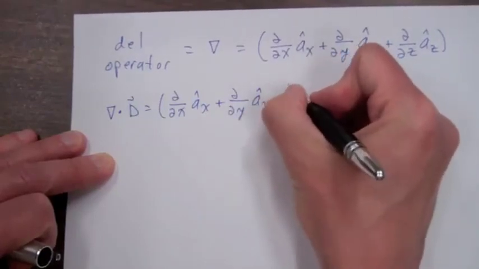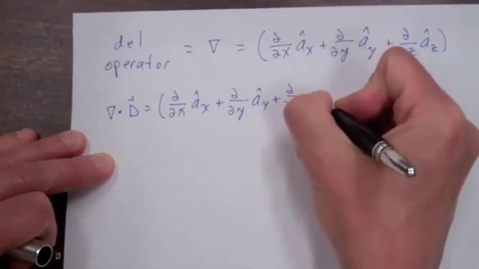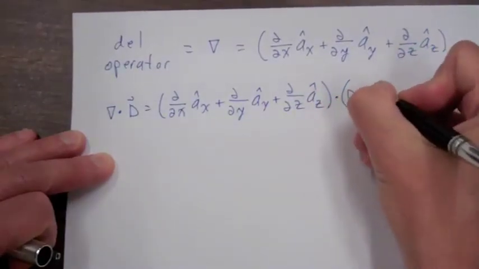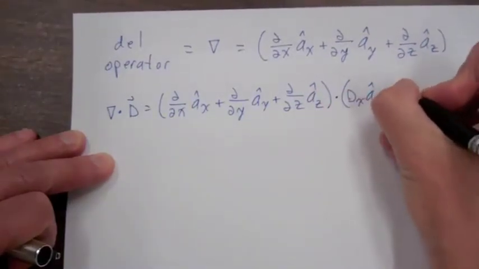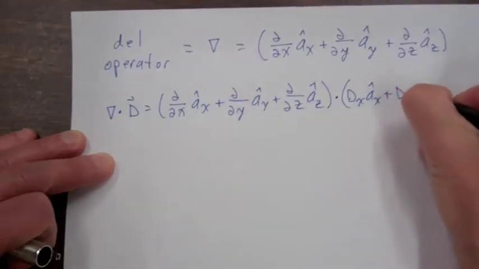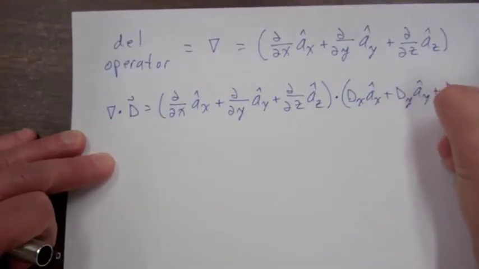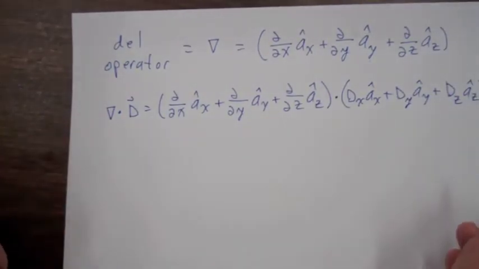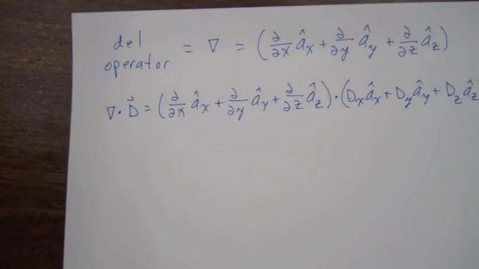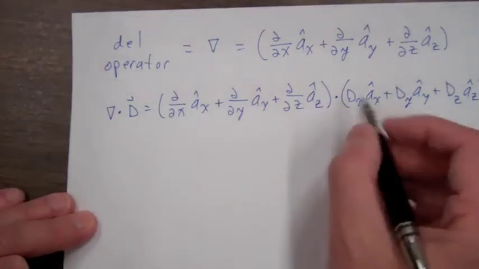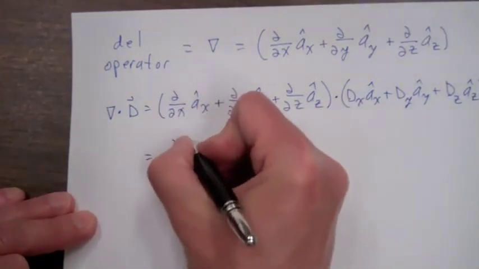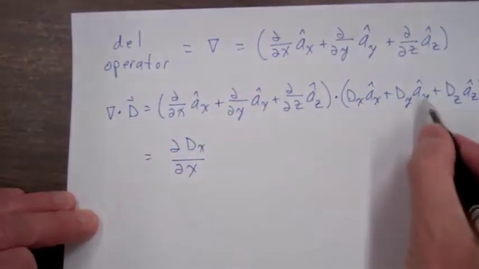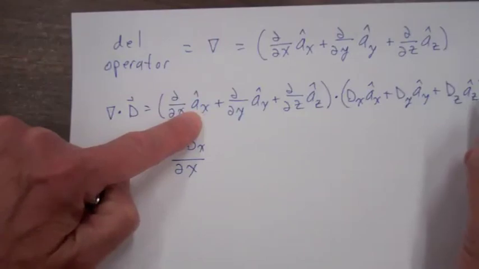Okay, so here's our del operator. And let's write out our electric flux density field in component form. And let's go through the distribution of these two terms. So ax dot ax is 1, so you'll have a partial d sub x with respect to x. Ax dot ay is 0 and ax dot az is 0.